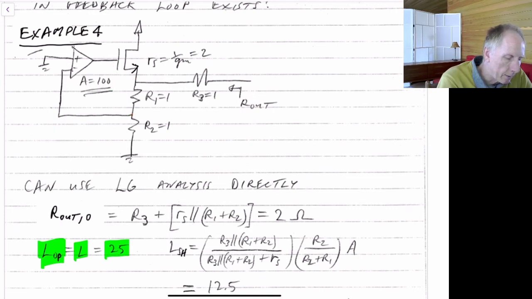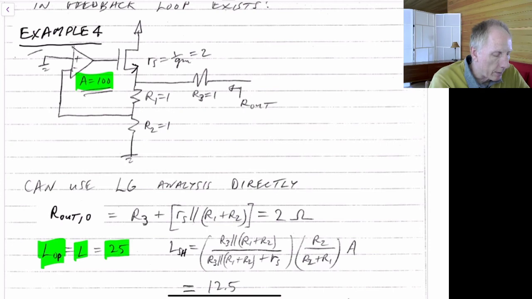So the loop gain is the same as it was before, except that A used to be 10, which gave us 5/2 before, and now it's 100, which means that we have a loop gain of 25 now.